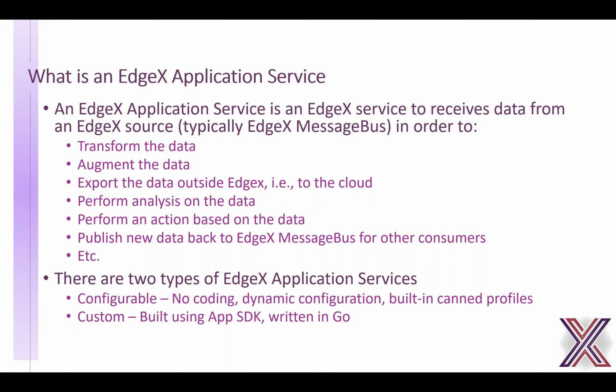We have some built-in canned profiles for things like doing exports to MQTT or to HTTP to make it faster for you to bring up a service that's, if all you need to do is export and you just tweak the configuration in that profile. Then we have custom. So these are built using our application SDK written in Go. These are for when you just can't do what you need to do with the configurable.